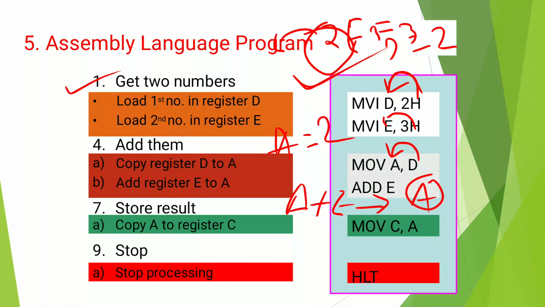Now this result is moved to register C according to the program. So move the content of the accumulator into the C register. Now stop the program by using the halt instruction. So this program is addition of two 8-bit numbers and the result is stored in register C.